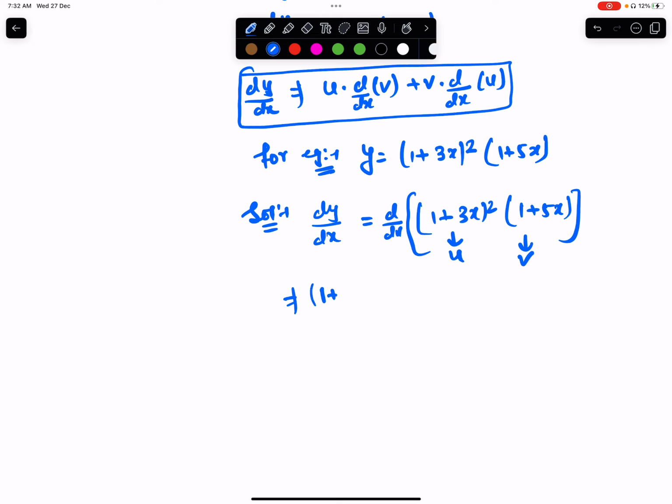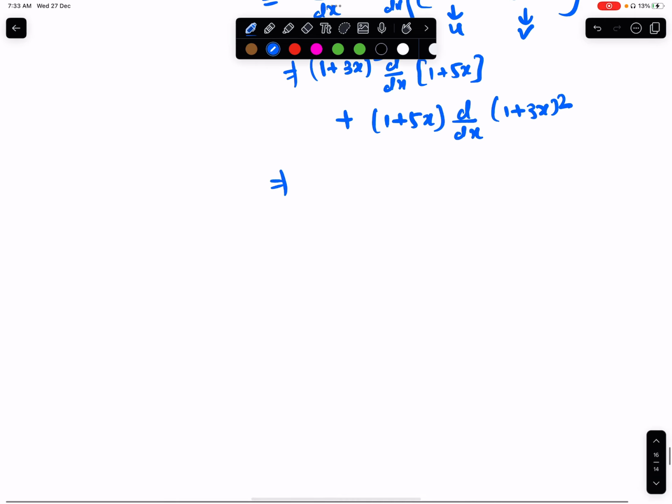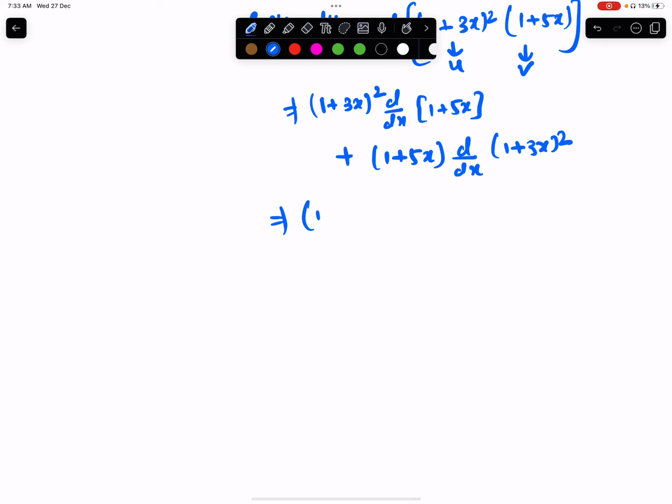Here u is 1 plus 3x square, so this will be (1 plus 3x square) d by dx of (1 plus 5x), plus (1 plus 5x) into d by dx of (1 plus 3x square). We will apply the summation rule: the differentiation of 1 is 0 and the differentiation of 5x is 5. So that will be 5 plus (1 plus 5x).